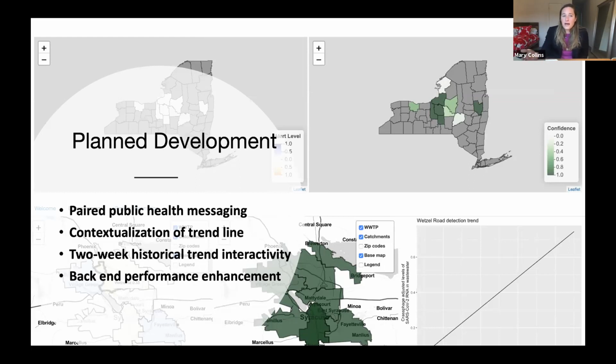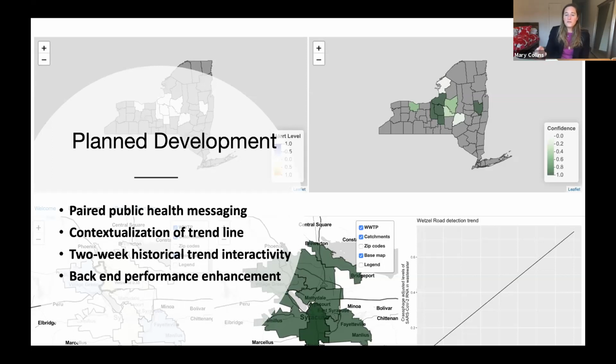Another thing that we have also learned is that we're showing 2-week trend lines for this project, but this is really a view into the future in some ways, because we would expect that if you had a bump up in detection over a 2-week trend line, the cases will show up in the healthcare system 5 to 8 days after you see the bump in wastewater.